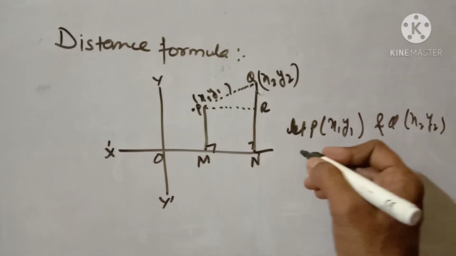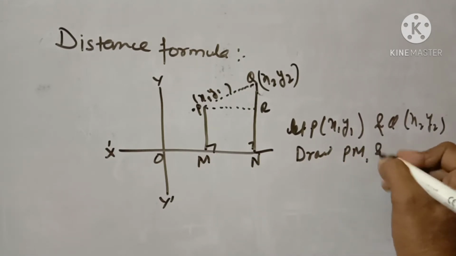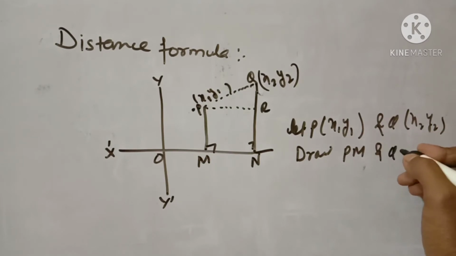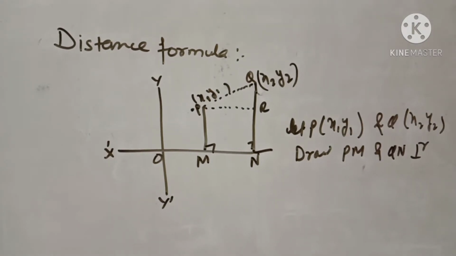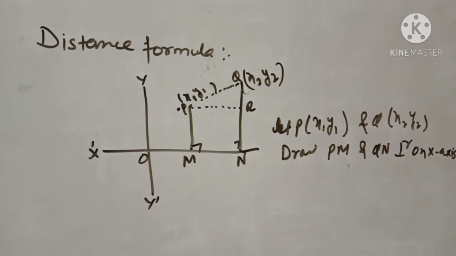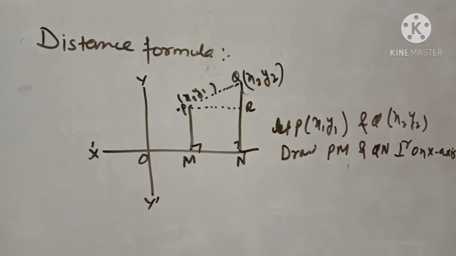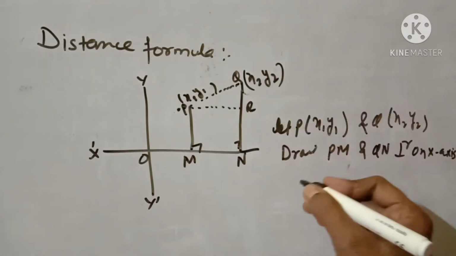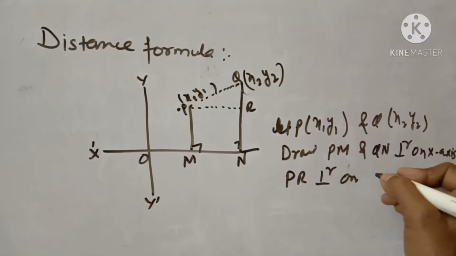Now draw PM and QN perpendicular to the x-axis. This is N, this is Q. And PR is perpendicular on NQ.